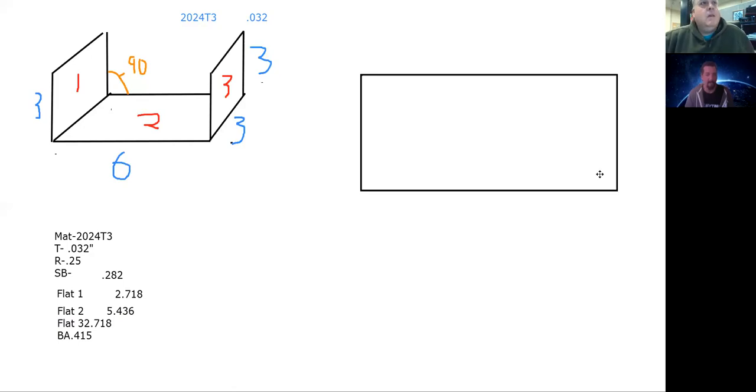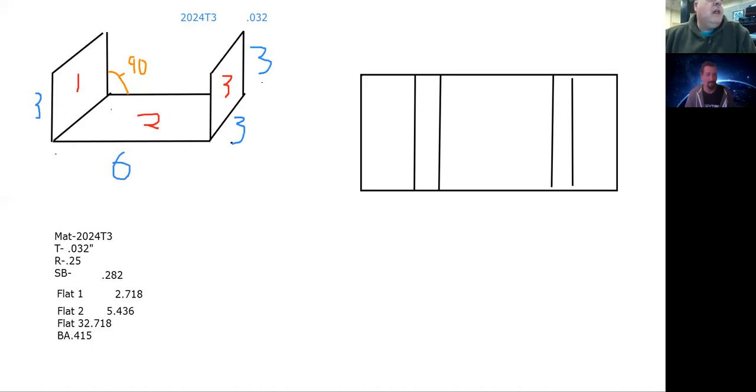It'll end up with how many bend allowances on it? 2. So this isn't to scale, but there'll be 1 bend allowance here and another bend allowance there. It kind of gives us an idea.